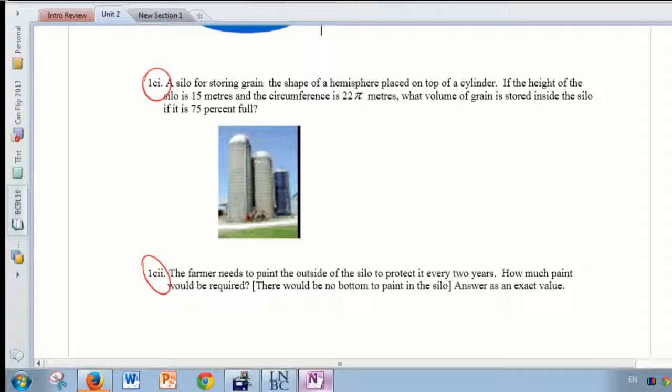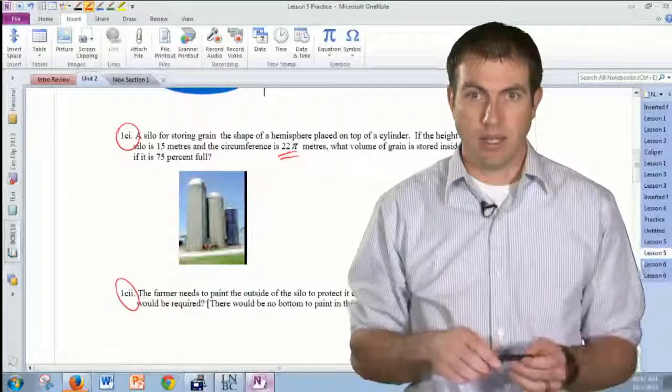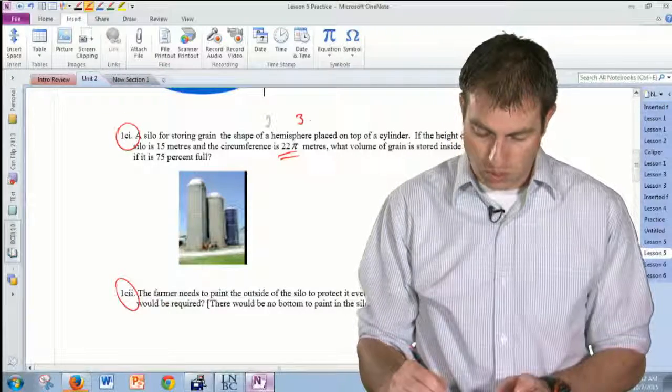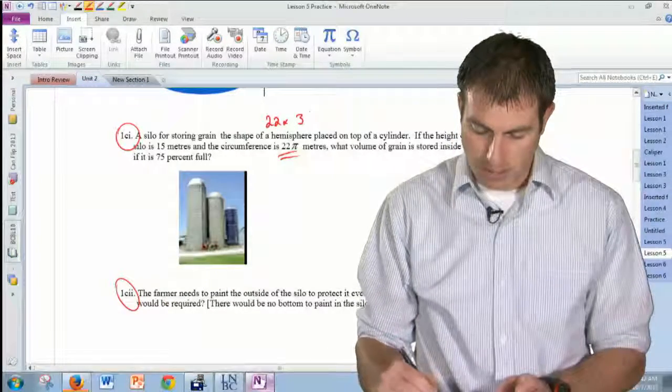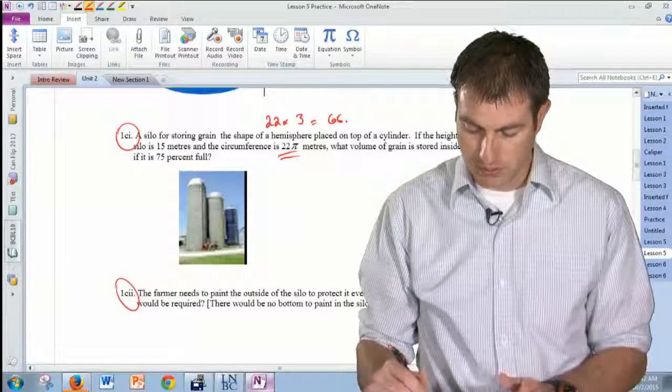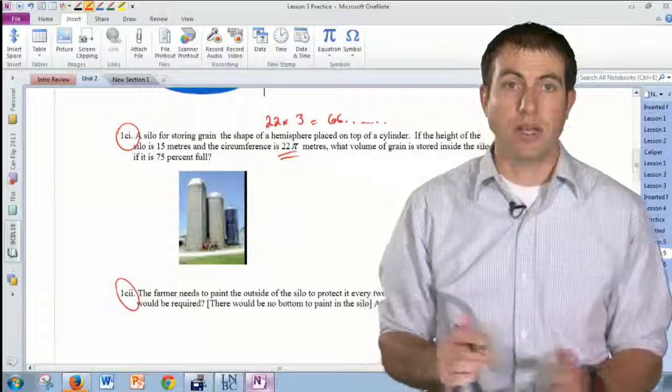This 22 pi is exactly what you'd think it is. If you took 22 and multiplied it by pi, if we just pretend pi is 3 for a second, 22 times pi is going to give us 66. It's going to be bigger than 66, but just a decimal that goes on.